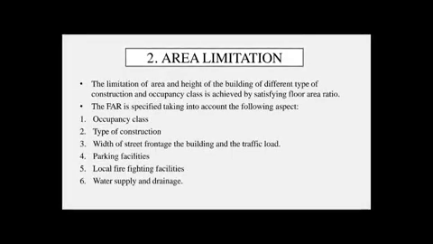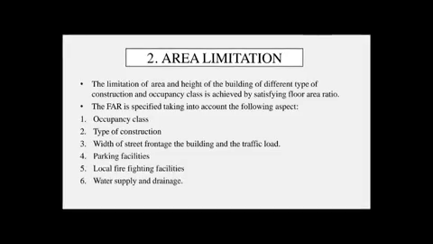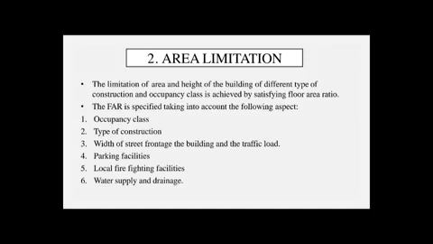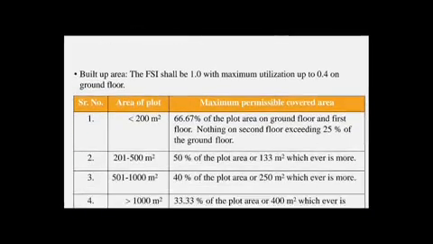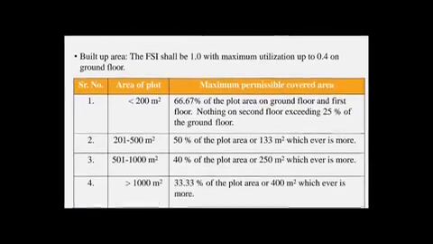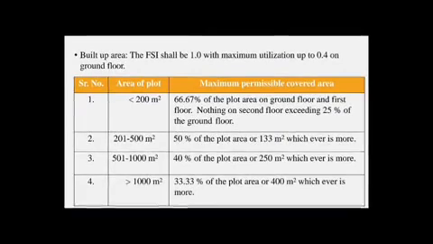The FAR is specified taking into account the following aspects: the occupancy class, type of construction, width of street frontage of a building, and the traffic load, parking facility, local fire fighting facilities, water supply and drainage. The built up area and the allowable FSI is 1 with maximum utilization up to 0.4 on ground floor.